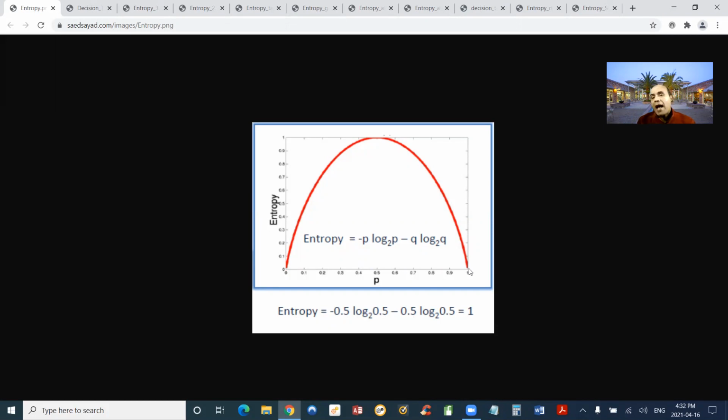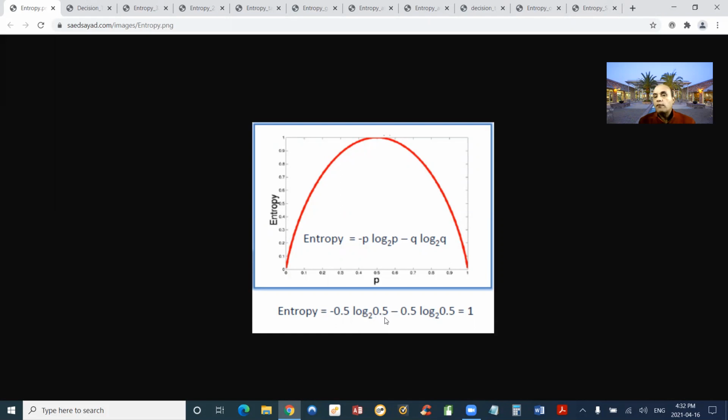Now, if you have a bag that is going to be 50 of the cookies that you like, and 50 of the cookies that you don't like, when you put your hand inside the jar to pick up the cookie, you really don't know whether you are going to like it or not if you haven't picked them up randomly. In that case, we are going to say the probability is going to be 50-50. So it's 50%, which is 0.5. 0.5 means 1 over 2.